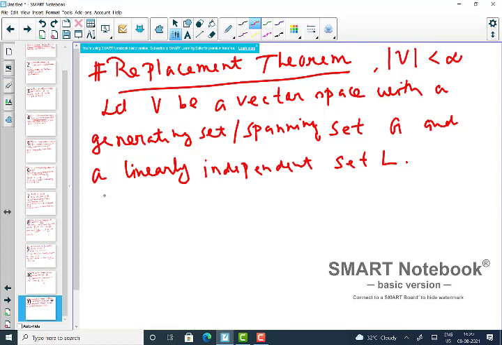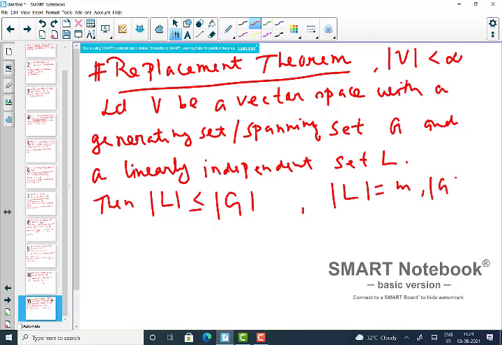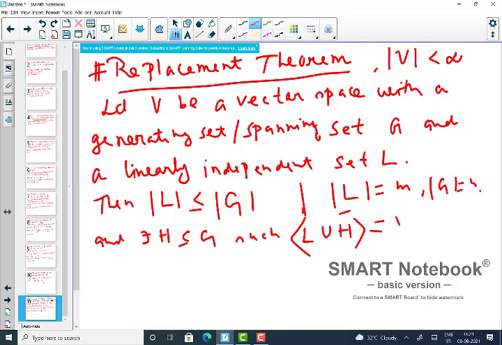Then the cardinality of L is always less than or equal to the cardinality of G. Suppose the cardinality of L is equal to m and the cardinality of G is equal to n. Then there exists a subset H of G such that L union H is a generating set that generates V, where the cardinality of H is exactly n minus m.